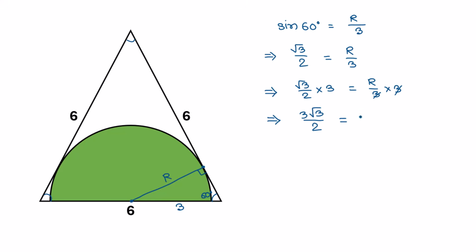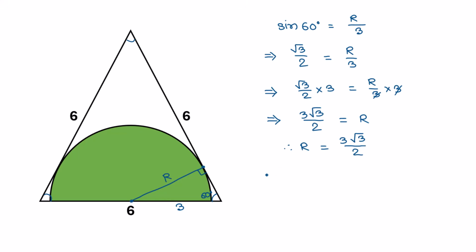So the radius of this semicircle r is equal to 3 times square root of 3 over 2.